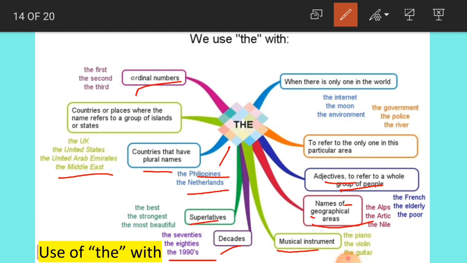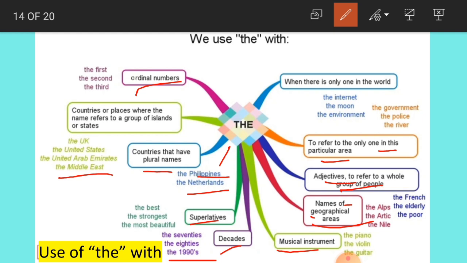Now here again, to refer to the only one in that particular area. If you have only one thing, like suppose you have a provisional store and only one store in your street, there are no other stores, you can say, I have to go to the provisional store in our street, because you are addressing that particular store which is the only one.